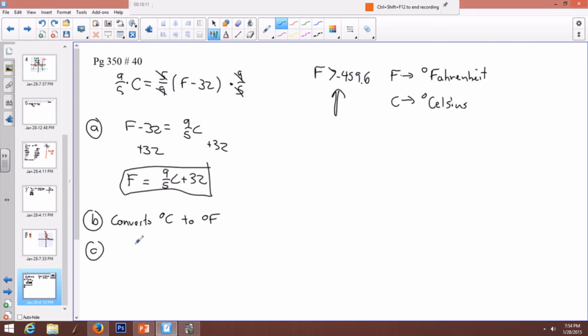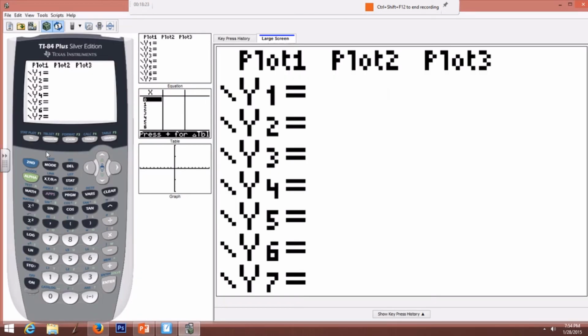So what they're going to ask is C has to be greater than, and the way that we're going to calculate that is we're just going to plug this number right here into our original function. So I'm going to do that real quick.